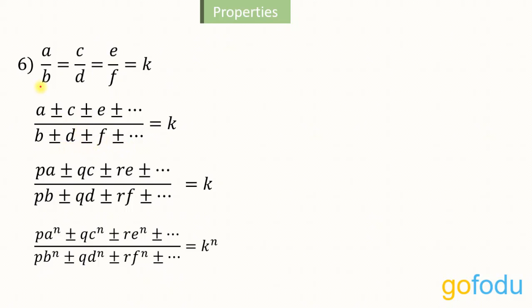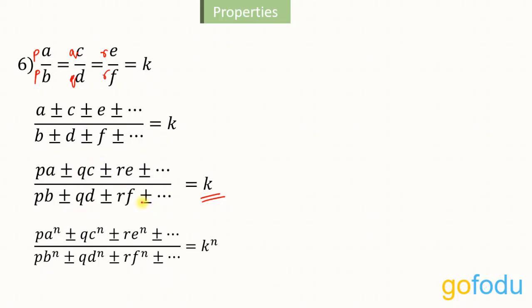Even when you multiply both A and B by P, both C and D by Q, and both E and F by R and so on, now if you add or subtract all the numerators randomly, and add or subtract all the denominators, the ratio will still be K only. Okay. The sequence of plus and minus signs should be the same in numerator as well as denominator.